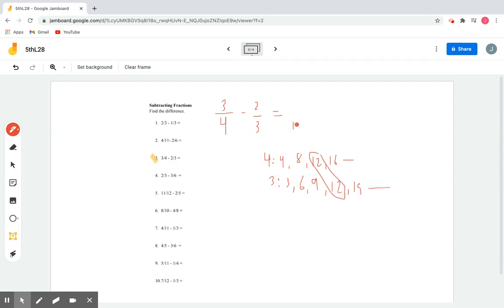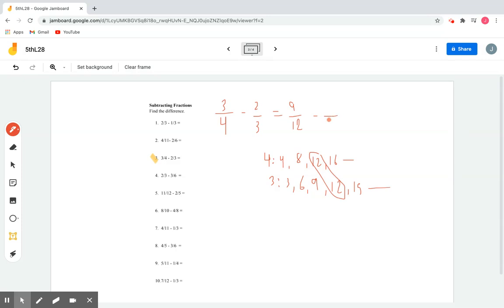So the common denominator will be 12. And in order to become 12, we had to multiply by 3 for the denominator, right? Because 4 times 3 is 12. So we need to do the same thing to the numerator too. So I'm going to multiply 3 for the numerator, and it will be 9 because 3 times 3 is 9.